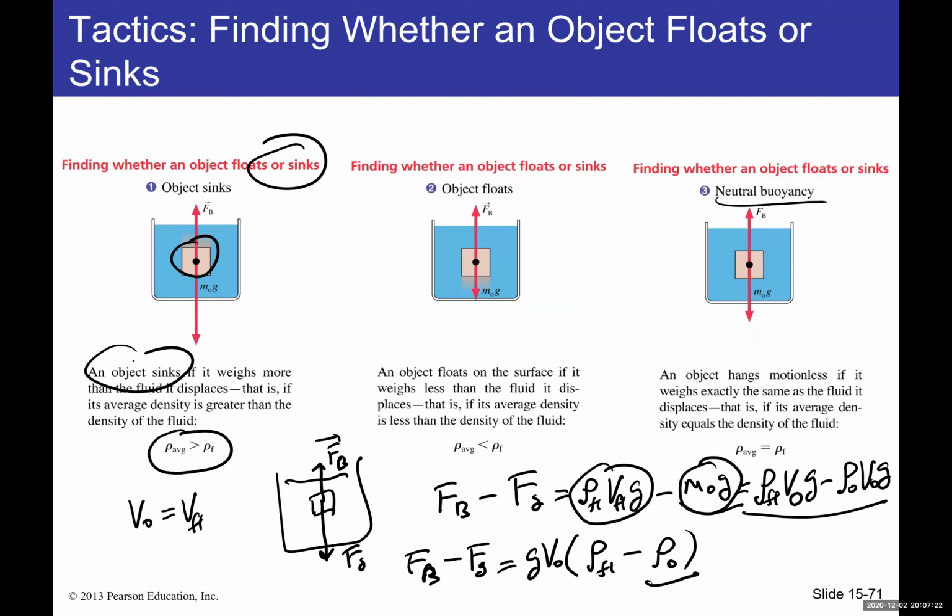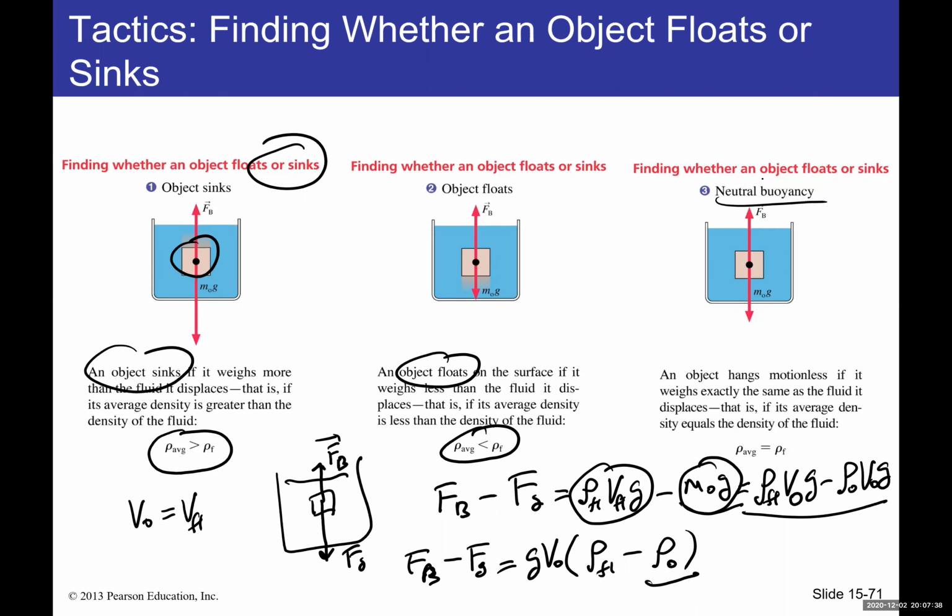If the average density of the object is less than the density of the fluid, then it's going to float. It's going to be pushed upward and start floating on the surface.